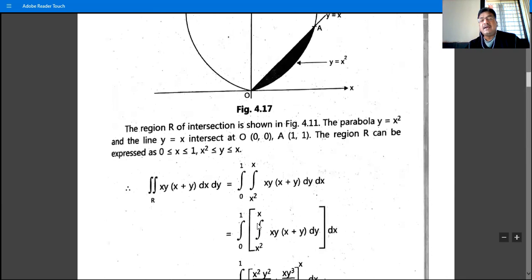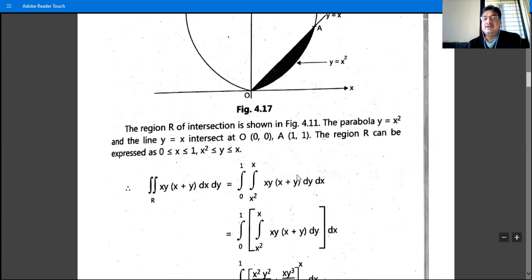So x is y, which is the lower limit, and y is equal to x square means x is root y, so root y is the upper limit. If I integrate first with respect to x, the lower limit is y and the upper limit is root y. Next is the integration with respect to y.